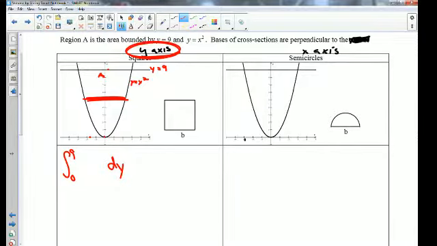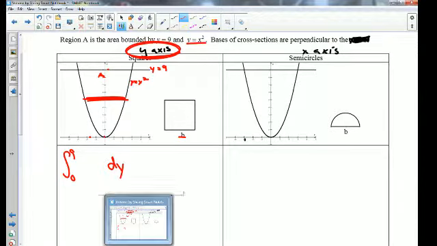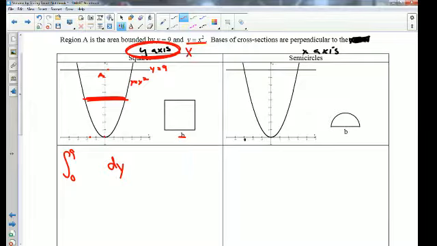Okay. So here's the question. How do you calculate the base of that square, or the area of that square, in terms of y? You plug in. So is this in terms of y? No. I have to write x equals what? Square root of y, plus or minus, to get your positive and negative.